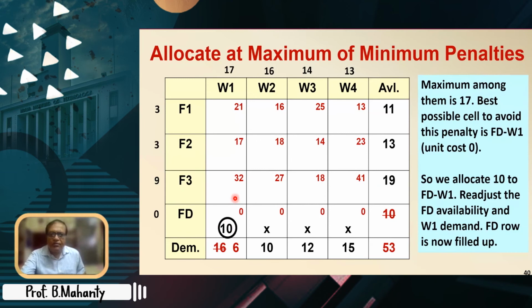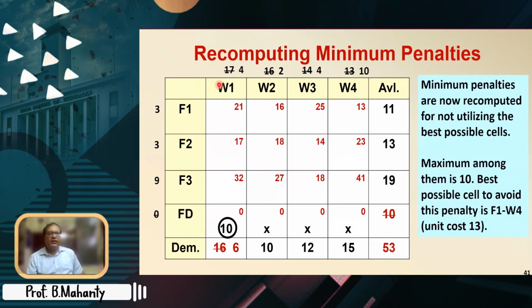Now thereafter, we have to again compute the penalties. So penalties are recomputed. So this has become 4, this has become 2, this has become 4, and this becomes 10. And on this side the penalties will remain the same because we have not changed anything. So now the maximum penalty is 10, and the best possible square is F1W4.